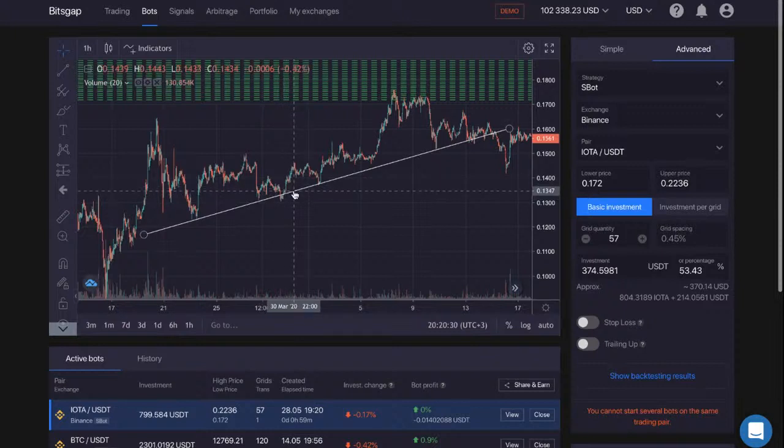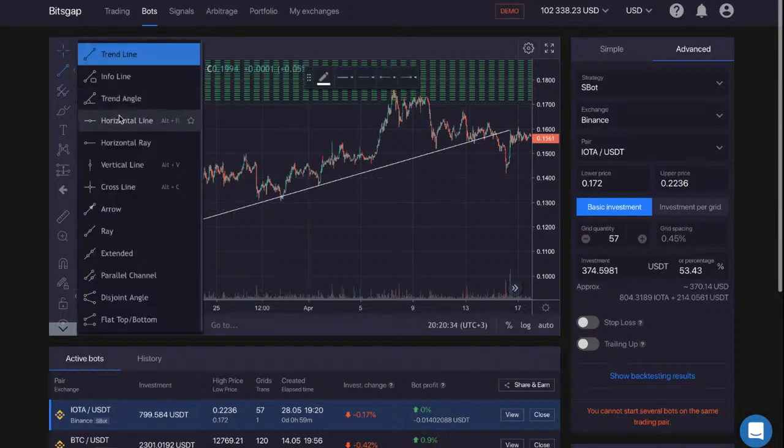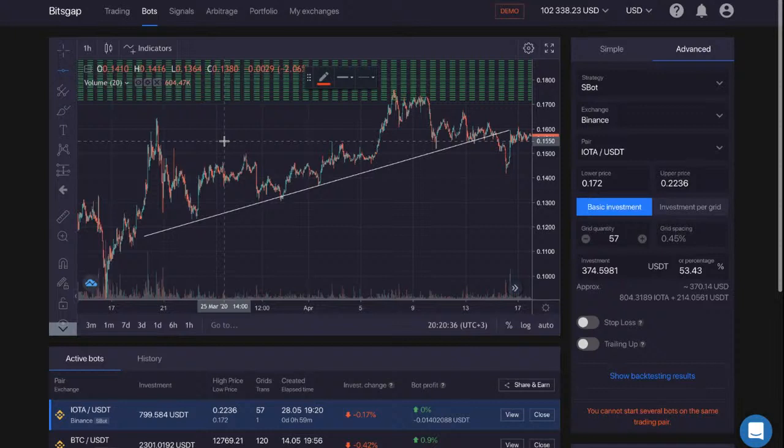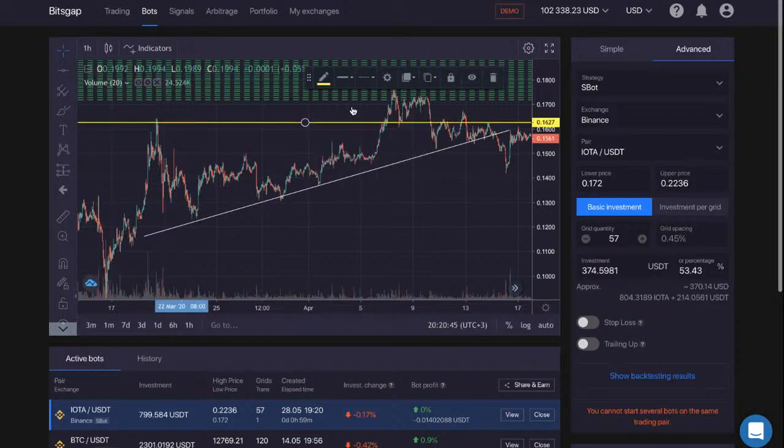So what I would do, I would enter the trade with my upper limit price exactly corresponding to the previous higher high. Let's use the yellow one, and I would define my bottom limit right here.